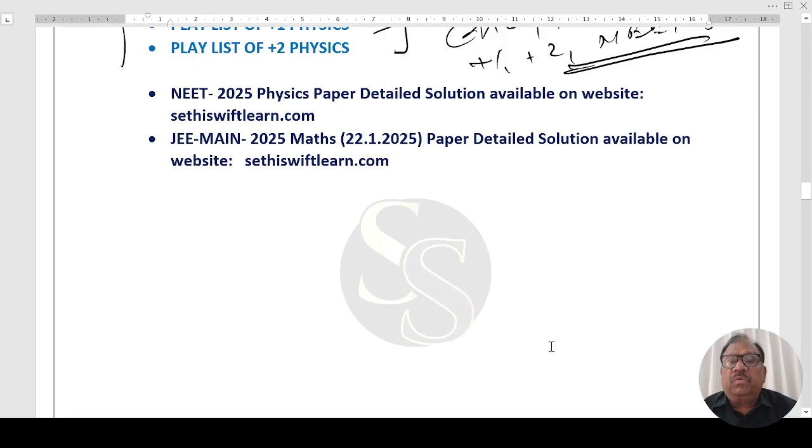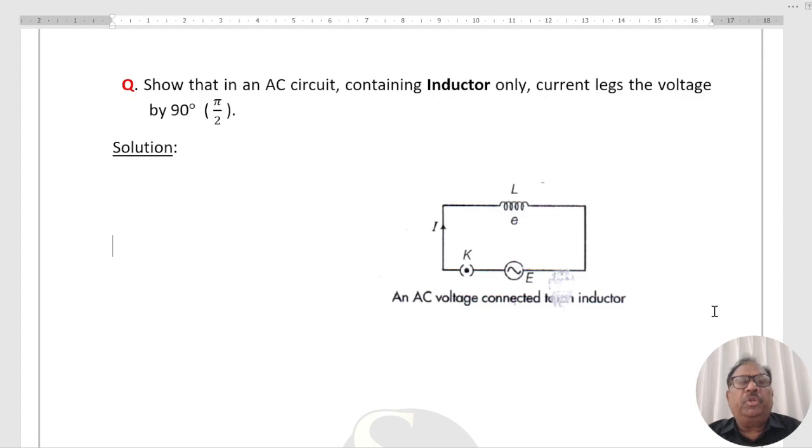Now let's start with the question. Show that in an AC circuit containing only an inductor, the current lags the voltage by 90 degrees.